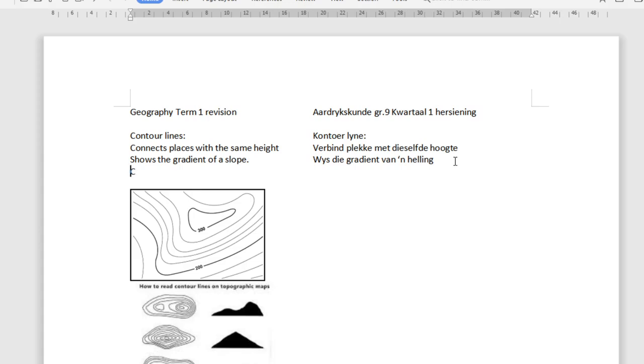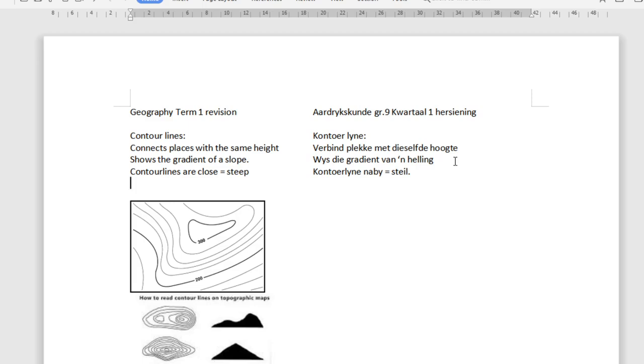So if the contour lines are close together, then it means it's a steep slope. So die contourlyne is naby aan mekaar, beteken dis 'n styl helling.